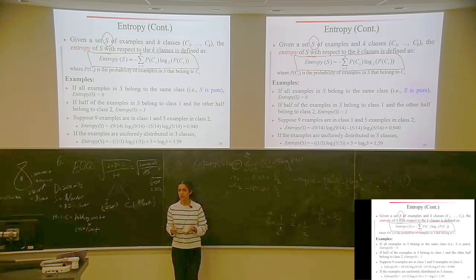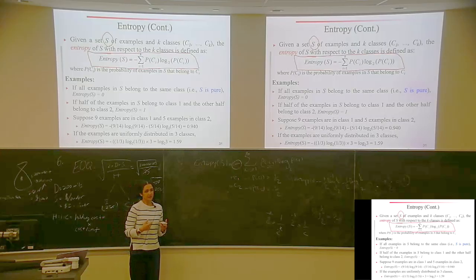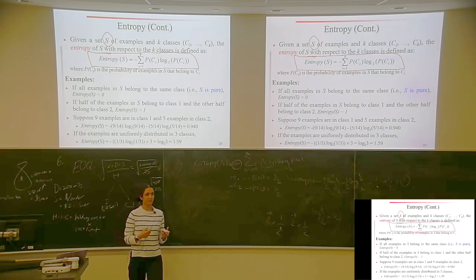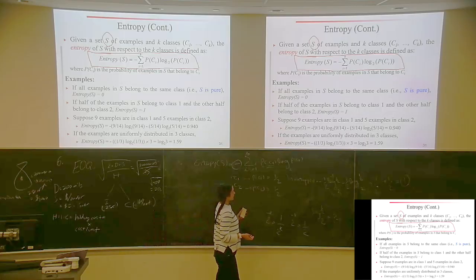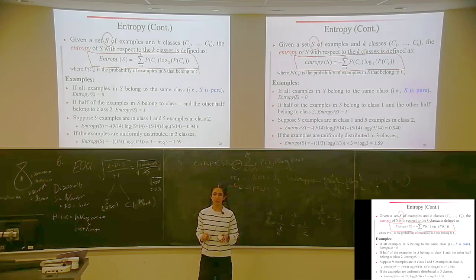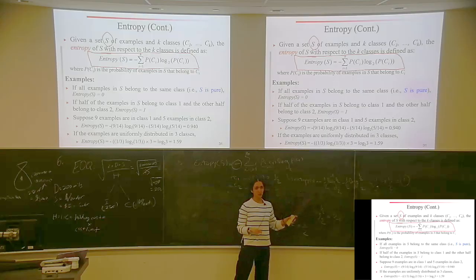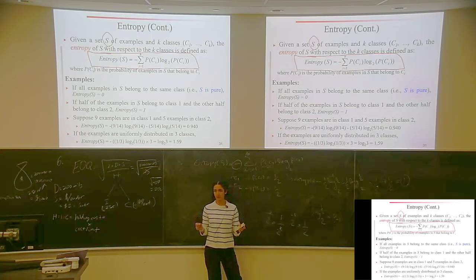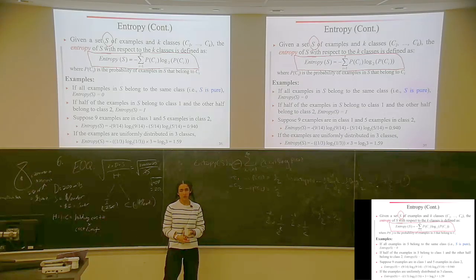So what is entropy? It's a measure of impurity, right? So we cannot have a measure of impurity that is negative, right? So it should be a positive number. But the problem is that your probabilities will be between 0 and 1, right? So the minimum is what we calculated before, when your class is the purest, when all instances belong to the same class. So in that case, entropy is 0.